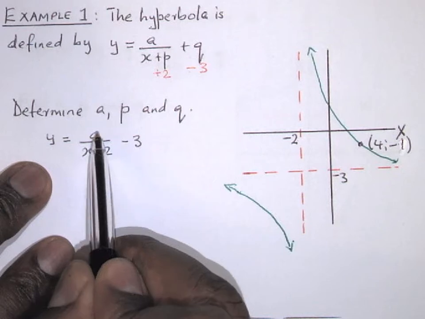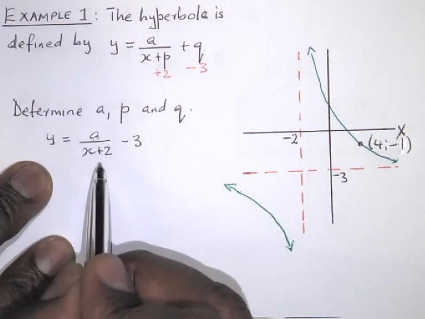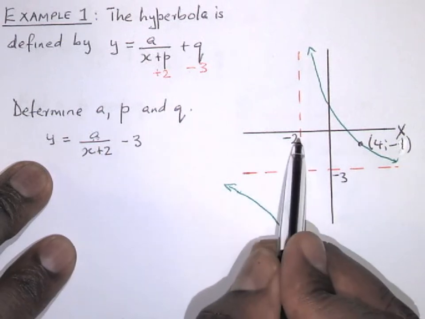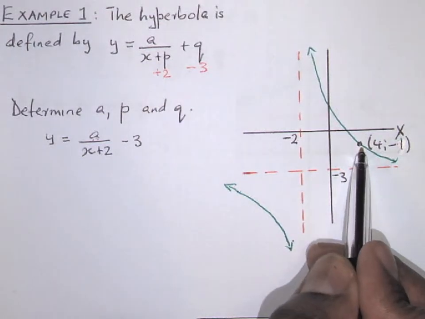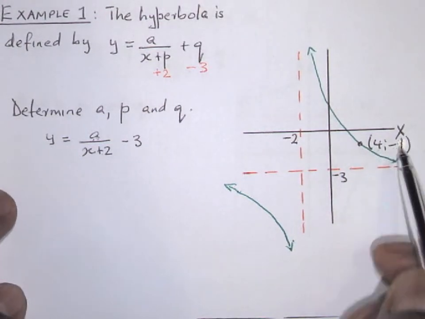We'll substitute a point which is on the graph that we haven't used. We can't substitute the one for 2, and we can't substitute the one for minus 3. We're not going to use these because we already used them. So we'll use that other point, which is 4, minus 1. X is 4, y is minus 1.